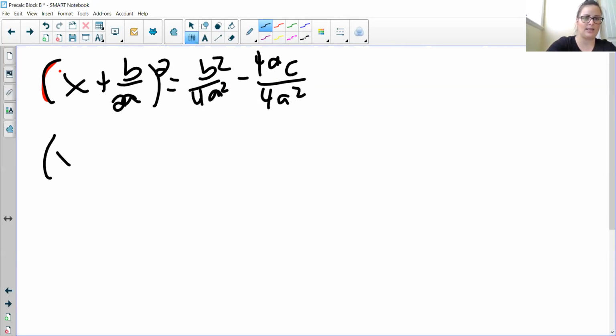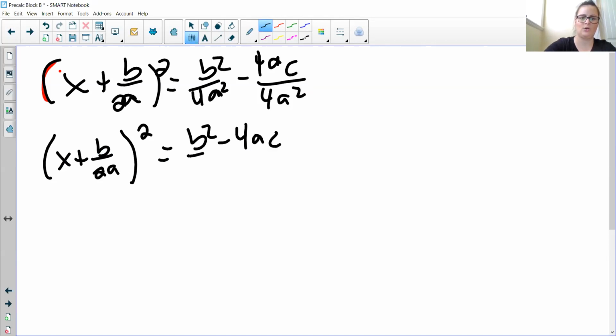So again, (x plus b over 2a) squared equals b squared minus 4ac over 4a squared. I can now square root both sides.